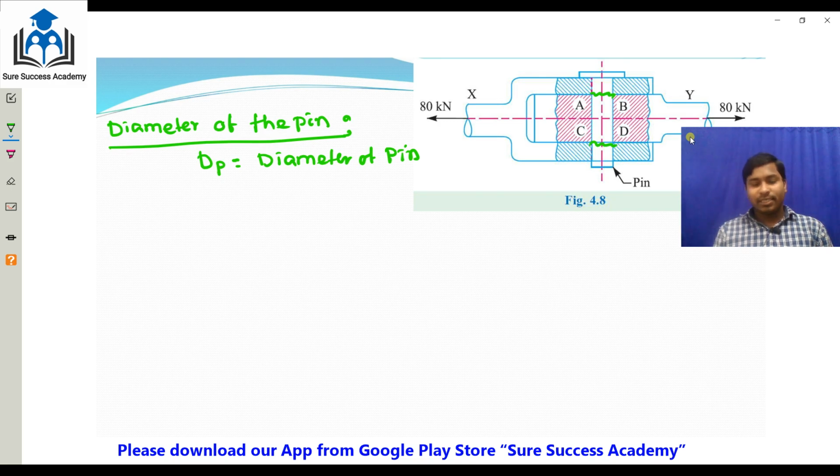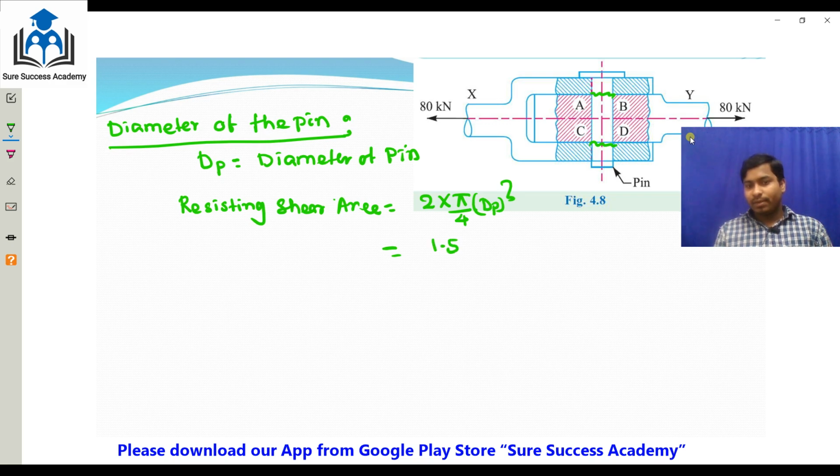So first we will see the resisting area. Here the shear resisting area is equal to 2 times the area of the pin, which is pi by 4 dp square. Then how much is coming? Around 1.571 dp square.